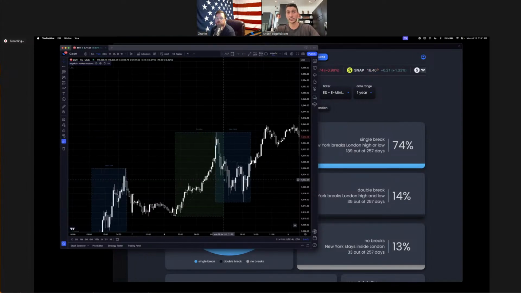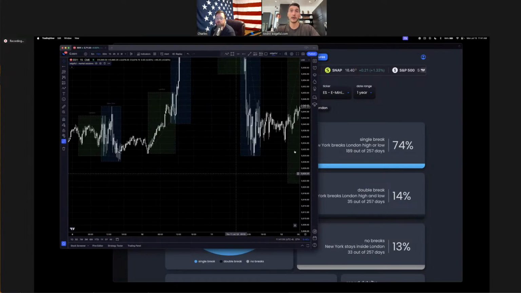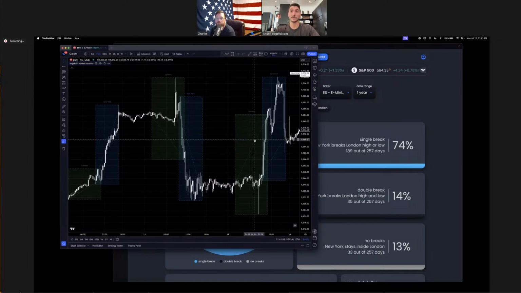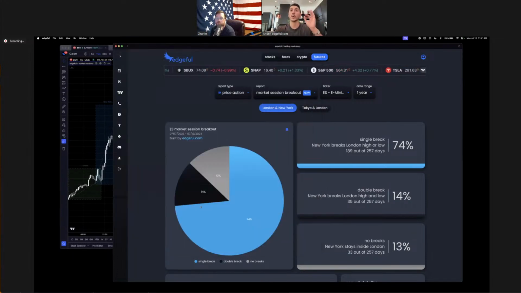For the people who are trading futures, what this report measures is how often the New York session breaks one side of the London session, both sides, or neither side. In the last year, 74% of the time New York will break one side of the London session and not both.